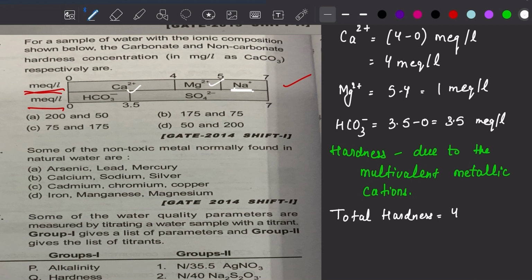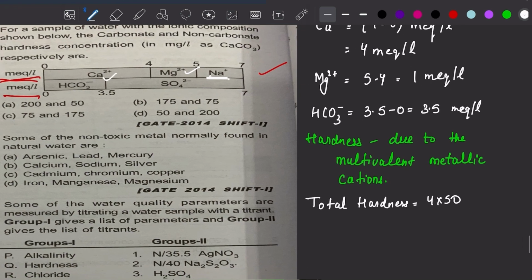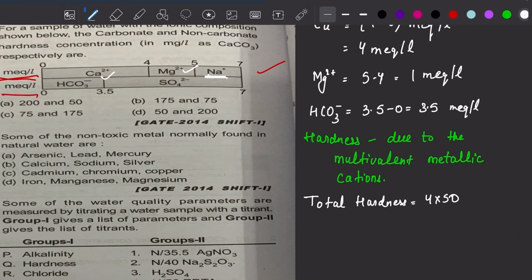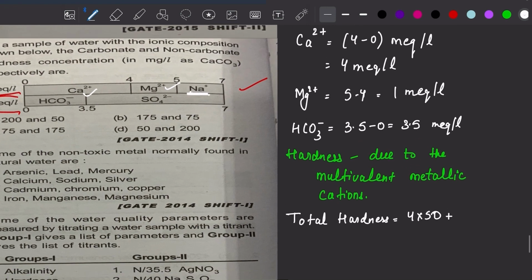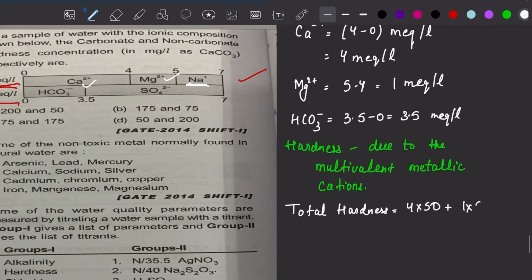So 4 into 50, that is we are going to multiply it by the equivalent weight of CaCO3, plus Mg is 1 into 50.